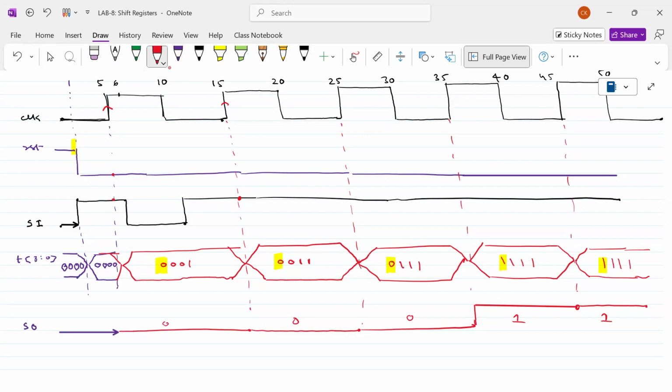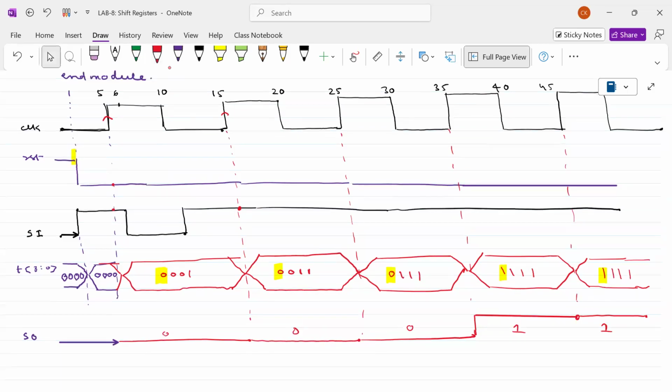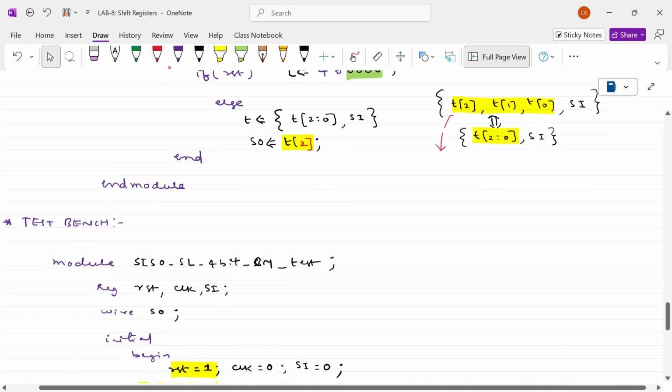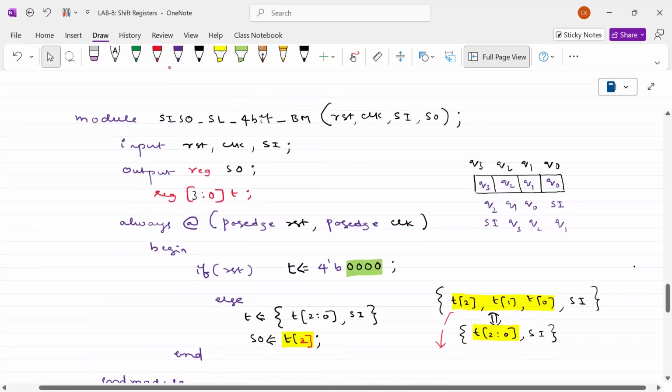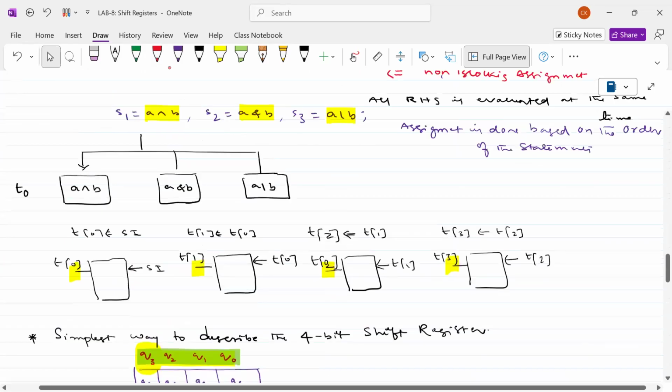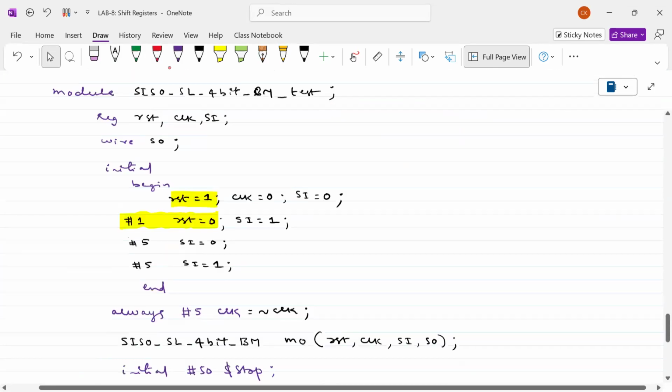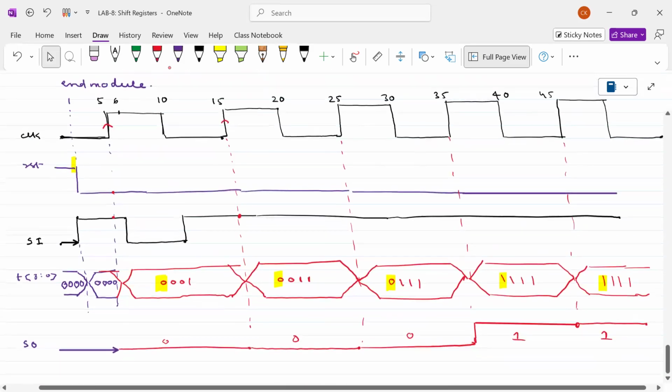That is the expected output you have to get, and you have to verify it in your waveform tool. Any program that you can change, whether you take this one or the other, it doesn't matter. It will produce the same output in this way. You have to verify that one.